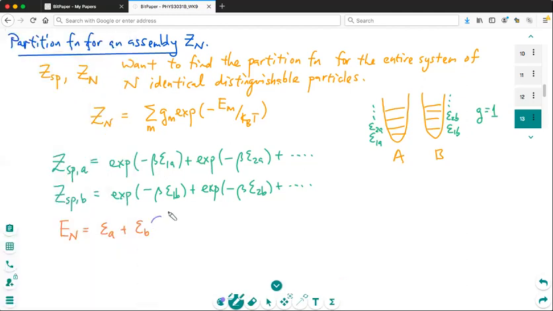Okay? So this E_B, now we want to account for all possibilities, right? So this E_B will come from this list. So this is one of these: E1B, E2B, E3B, epsilon 1B, epsilon 2B, epsilon 3B, and so on.